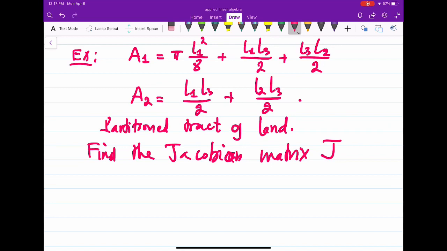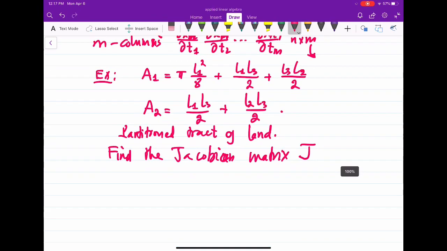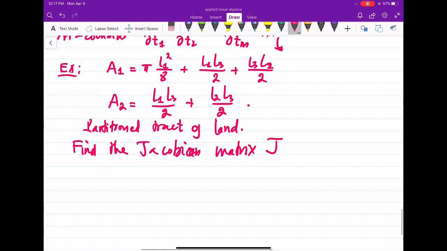So in this very specific example, it says the Jacobian matrix is formed by considering that there are three measurements L1, L2, L3 involved in the two equations representing the two areas A1, A2. So basically, A1, A2 are areas, right?